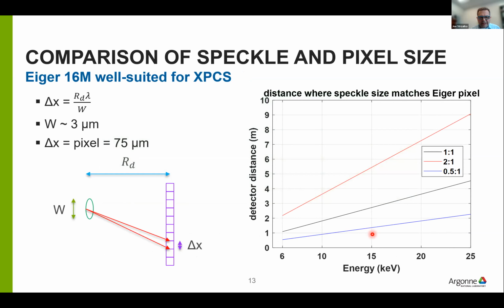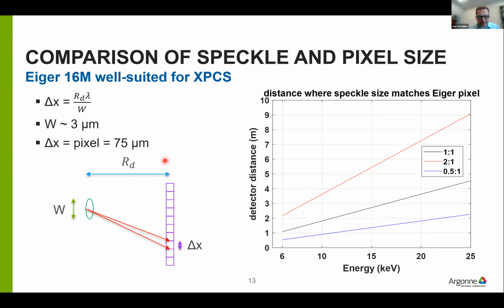And then just comparing the speckle with pixel size. So the Eiger is well suited for XPCS. We can expect the speckle size, delta X, to go like the distance to the detector, times the wavelength, over the size of the beam, and with the focus about 3 microns.